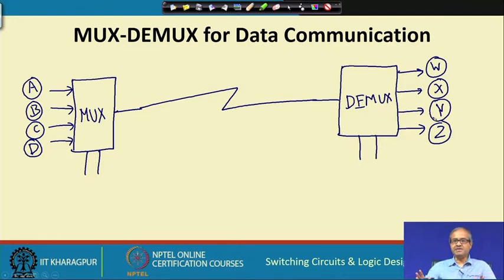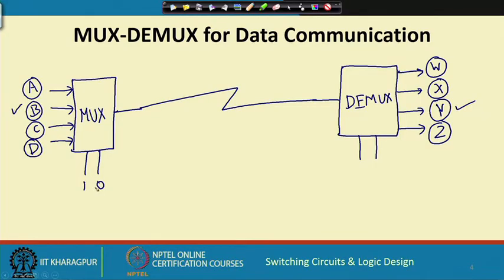Now, you imagine that this is something like a telephone exchange. You think of the older telephone exchanges which you had many years back, where you used to dial the numbers and using some switches in the exchanges, the connection used to get established. So, conceptually this is something like that. Suppose A, B, C, D are subscribers, W, X, Y, Z are also subscribers. Let us say B is trying to make a call to Y. So, what will the telephone exchange do?